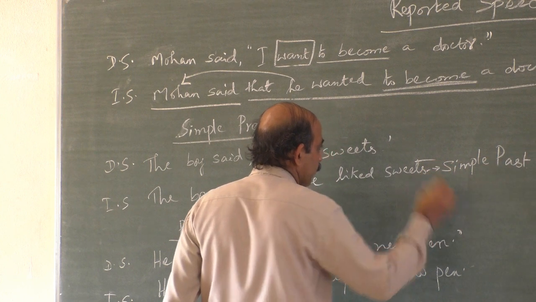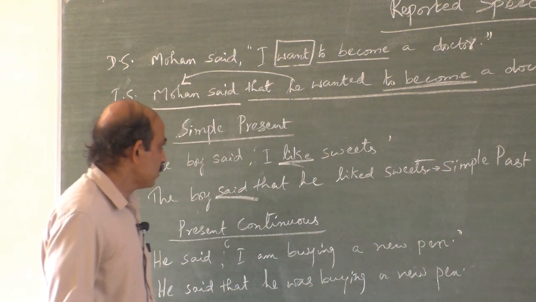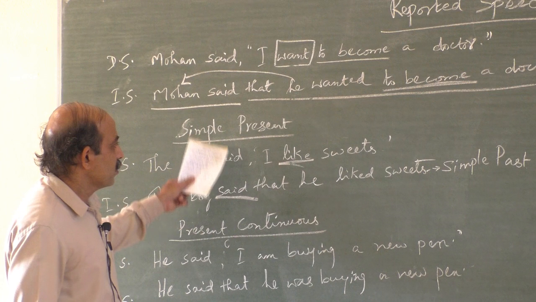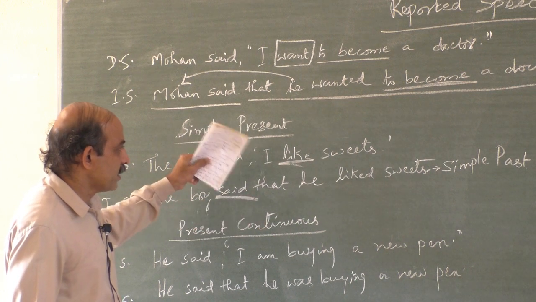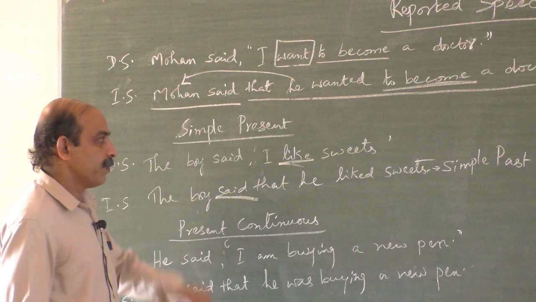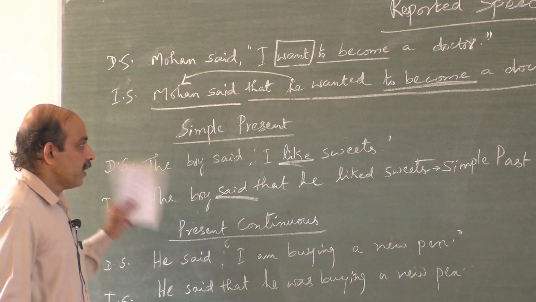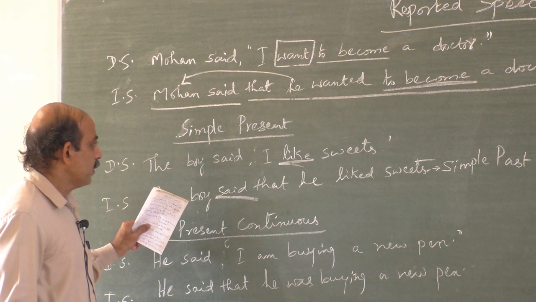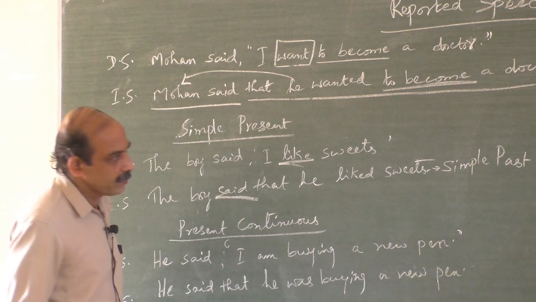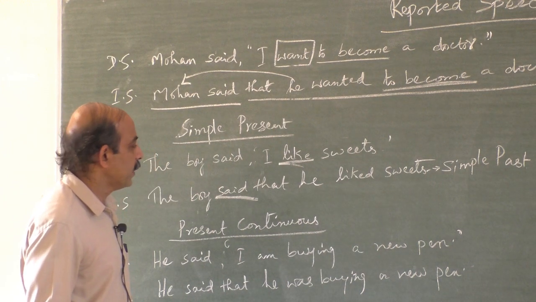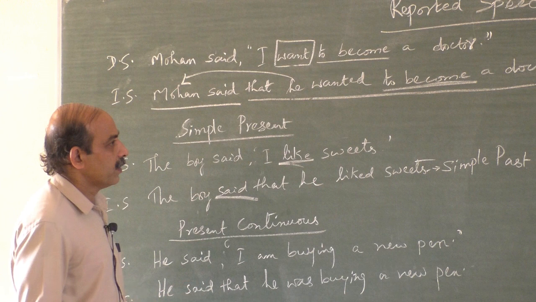So remember, the sentence has been changed from simple present to simple past. Next, let us move on to one example available here, and more examples and exercises can be done later. Present continuous.